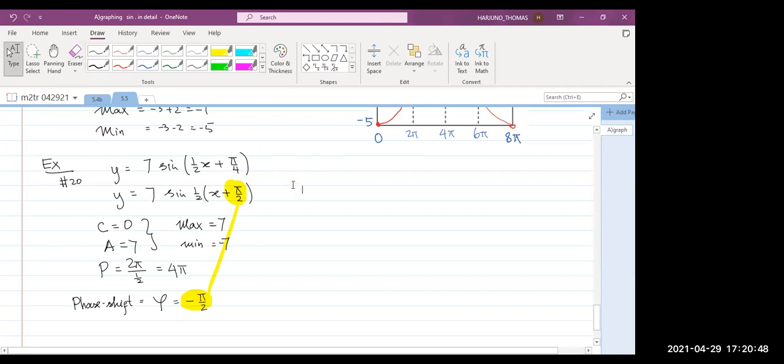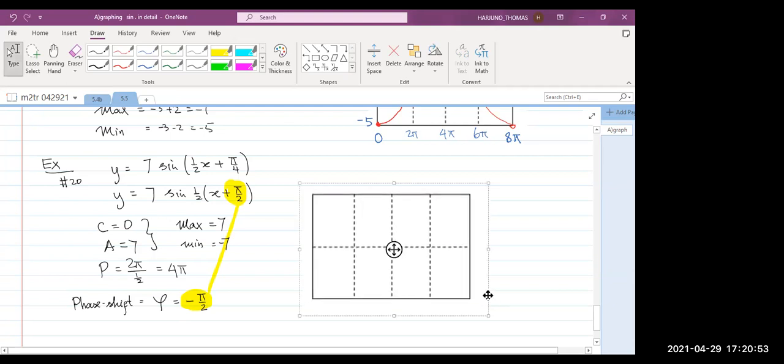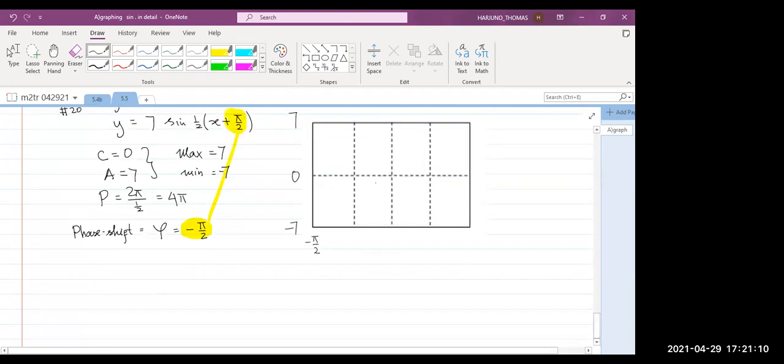So what happened to the graph? The center is 0, maximum is 7, minimum negative 7. The phase shift is negative pi over 2. So you will start at negative pi over 2. Now, one cycle after negative pi over 2 is, so think this way, this guy here will be negative pi over 2 plus the period 4 pi. That's 7 pi over 2.